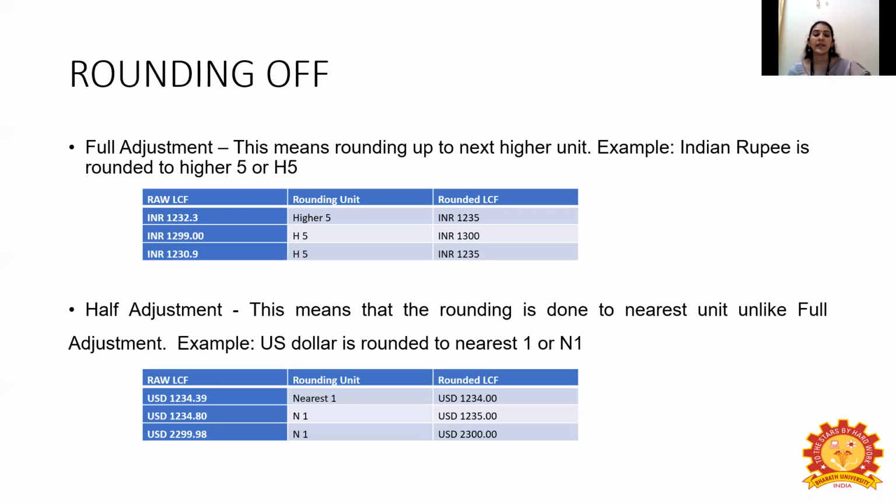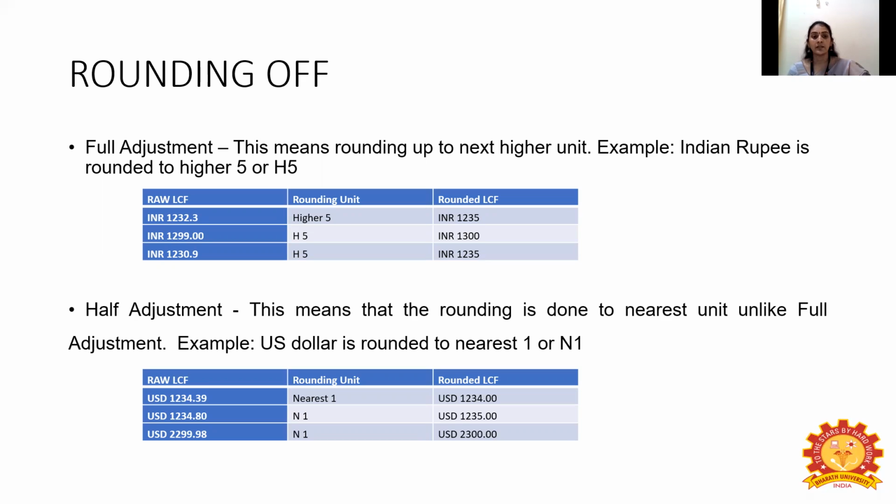In India, when you are rounding the Indian rupee, you round off to the next higher unit. For example, 1232.3 is the LCF value which is to be rounded off. 1232 gets rounded off to the next higher 5, not 1: 32 becomes 35.